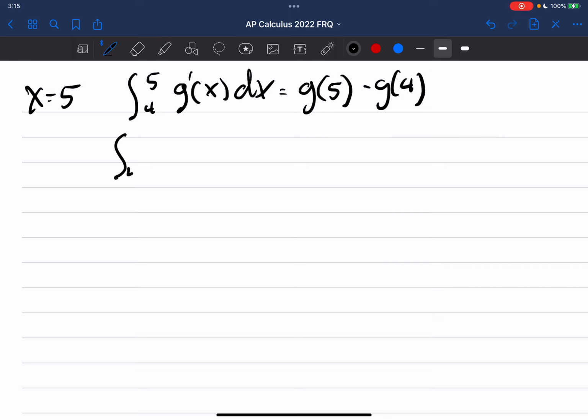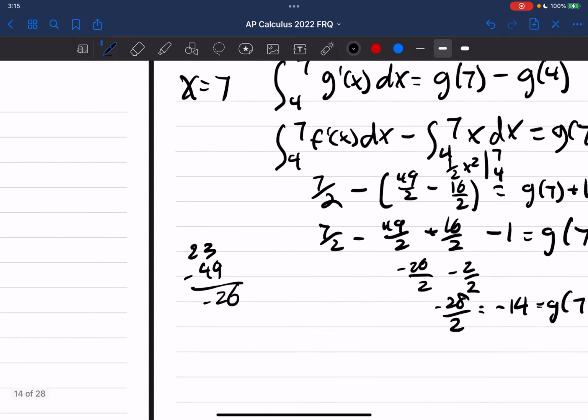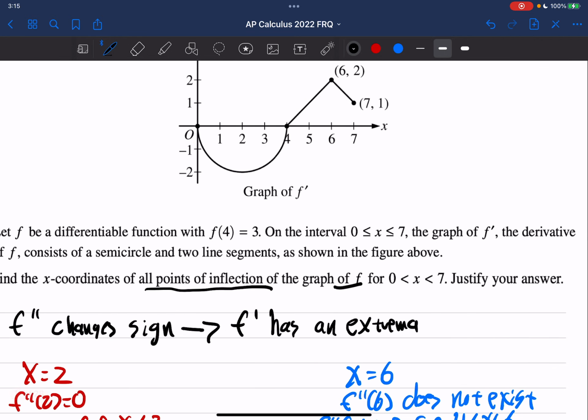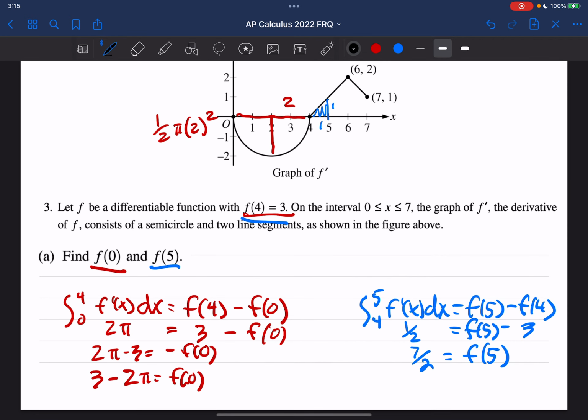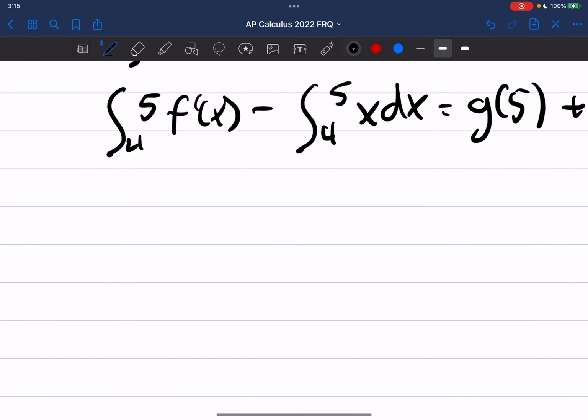So we'll break up the integral: 4 to 5 of f prime of x minus the integral from 4 to 5 of x dx, equals g of 5 plus 1. Also, the integral from 4 to 5 of f prime of x, we did find that way back in part A. Yep, there it is, 7/2.